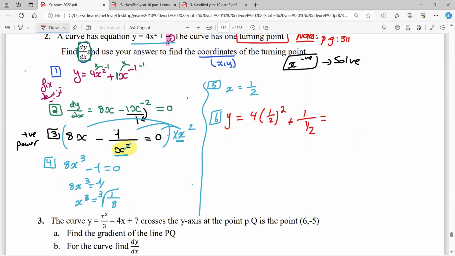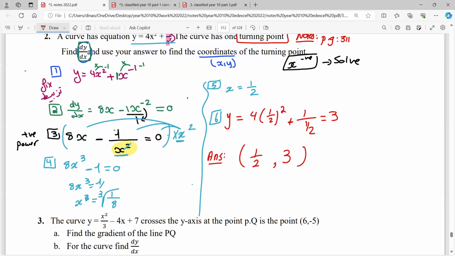Then I just put it in the calculator directly. 4 times half squared plus 1 over half gives me the answer 3. So the final answer will be an ordered pair with an x coordinate of half and a y coordinate of 3.